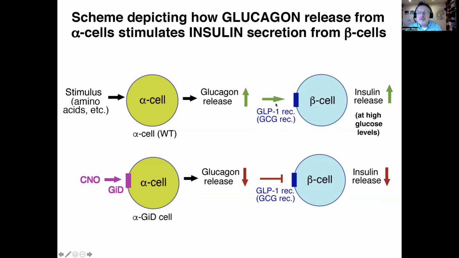This effect is primarily mediated by glucagon stimulation of GLP-1 receptors expressed by beta cells. It is well known that glucagon cross-reacts with GLP-1 receptors. When glucagon release is inhibited, this pathway is disrupted and insulin release from beta cells is impaired.